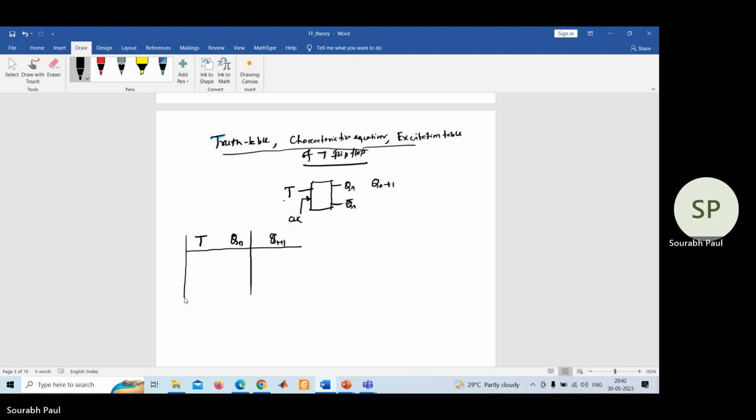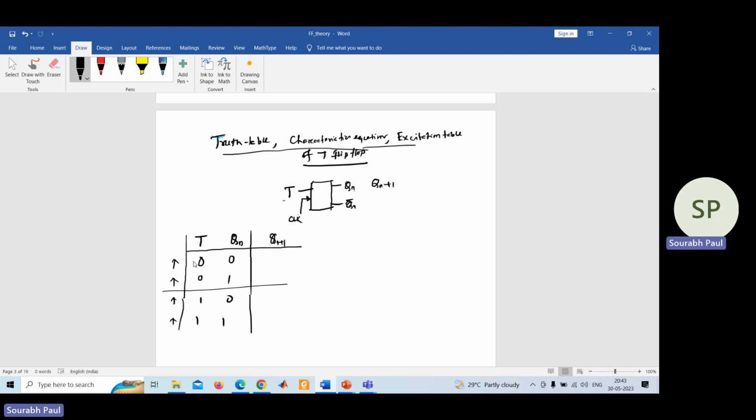Now, by default, you have some clock signal you need to apply. Now, as you have two input variables, how many combinations will be there? Four combinations: 0 0, 0 1, 1 0, 1 1. Now, suppose you divide this table into two parts.